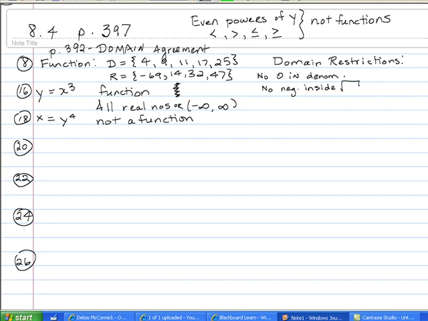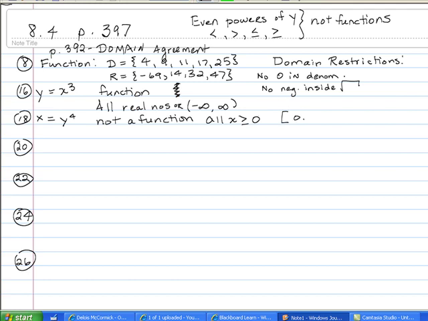They certainly couldn't be negative if we're talking about y to the fourth. If we did it in interval notation, it would look like that.